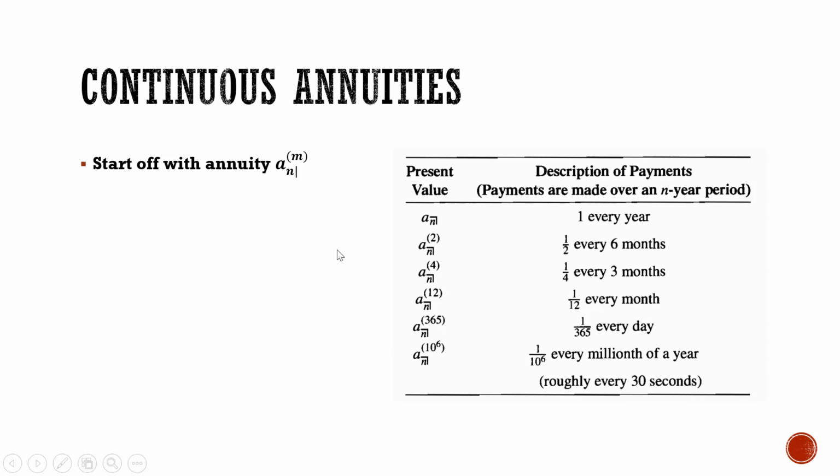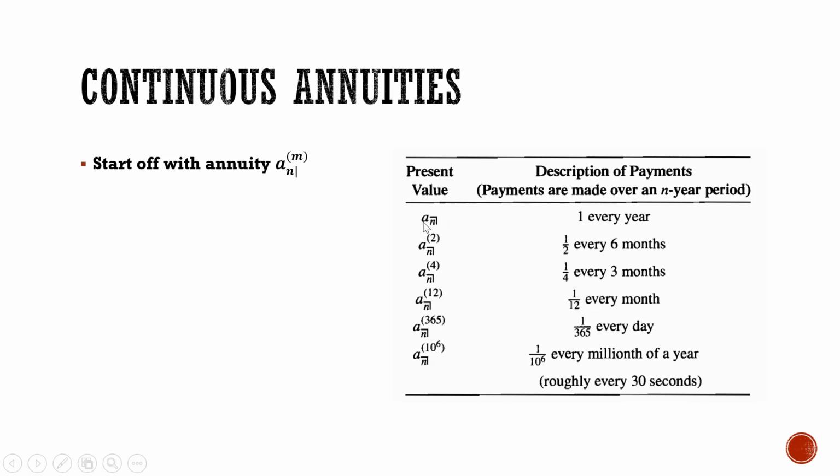Remember, in the last lesson, an annuity a angle n with top script m means this annuity lasts n years duration, and in each year we are going to make m payments.